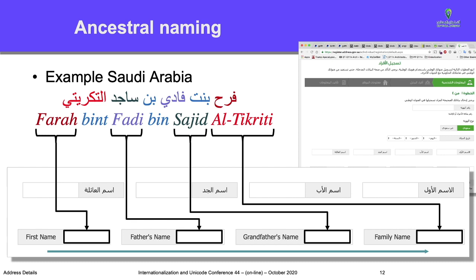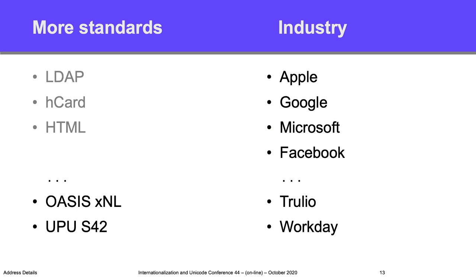So some standards handle these well, some don't, in terms of just being able to store the information. The industry standards available, Apple, Google, Microsoft, Facebook, all have their own concept of a person object. Apple and Microsoft have got a contacts object with name structure in it.